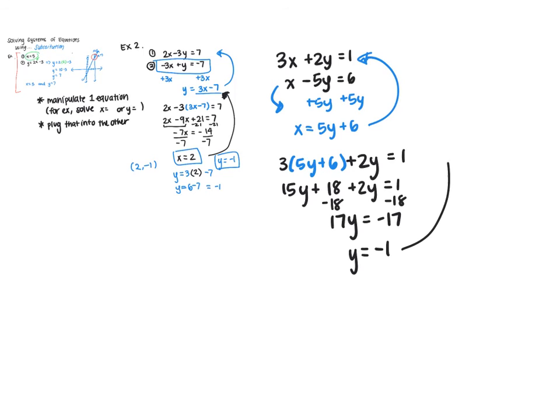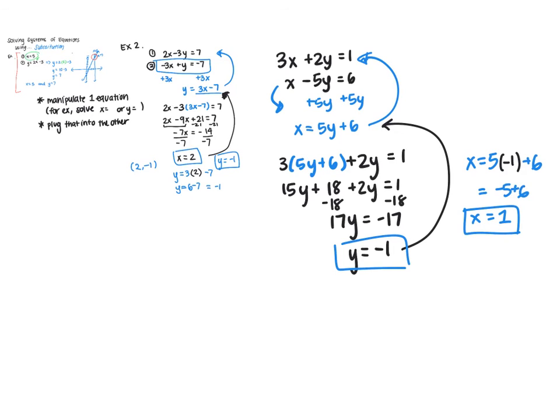And since we know y is negative 1, we can plug that back into x, and x equals 5 times negative 1 plus 6, which is negative 5 plus 6, and x equals 1. So that means these two lines would intersect at 1, negative 1.